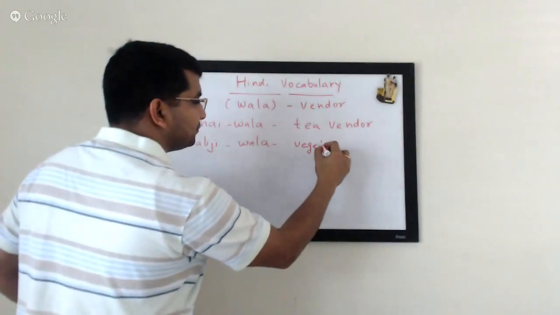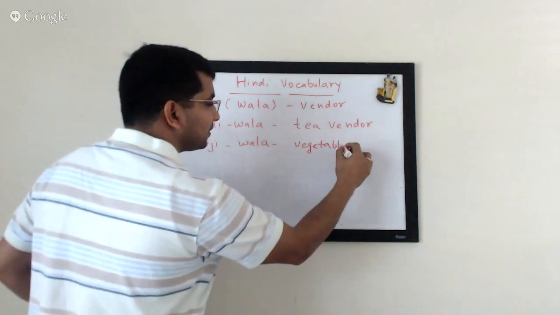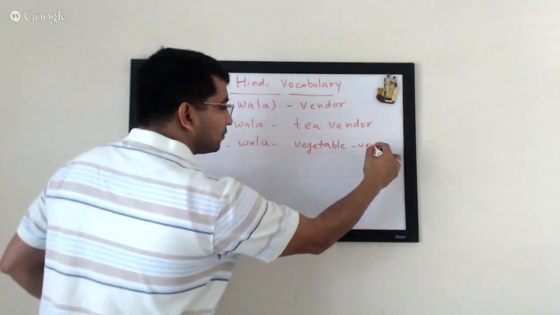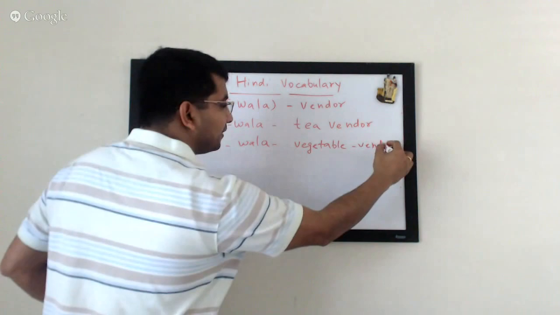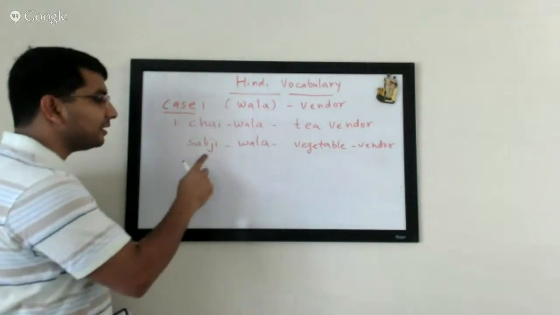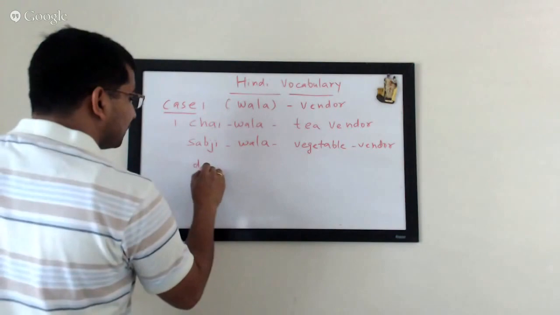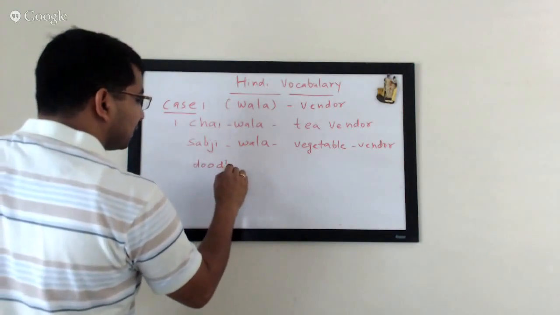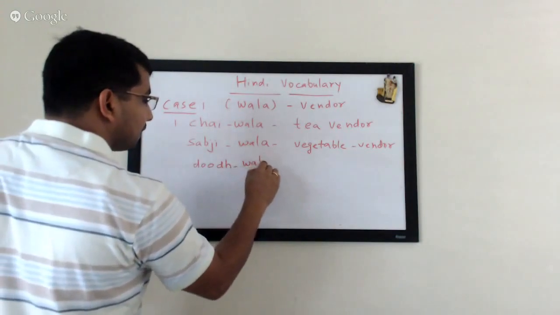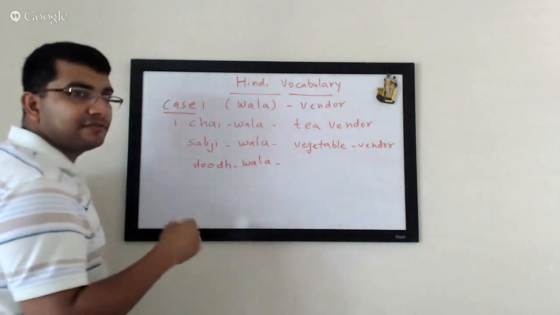When we say sabji wala, we are referring to someone who sells vegetables, so a vegetable vendor. So type 1 is all about vendors of particular things. Chai wala, sabji wala, doodh wala. Doodh wala is someone who sells milk.